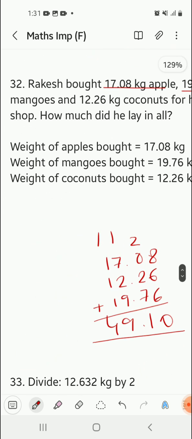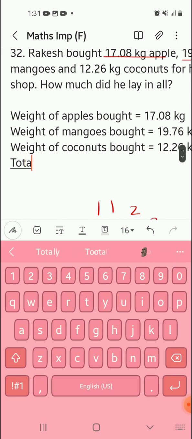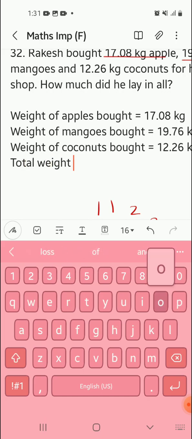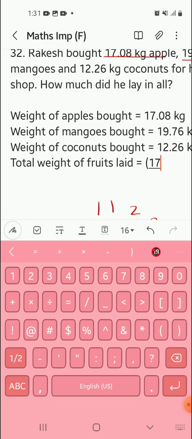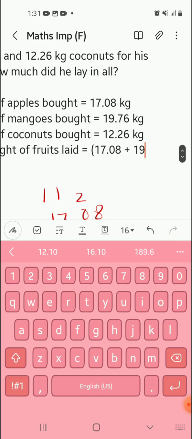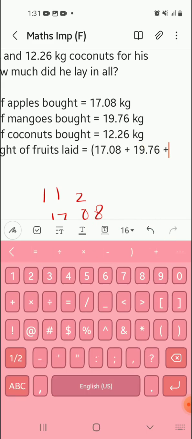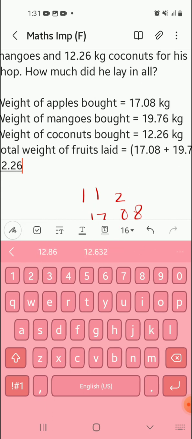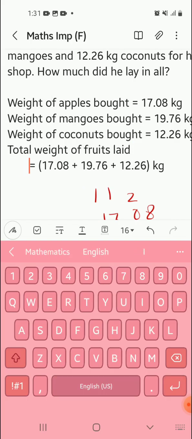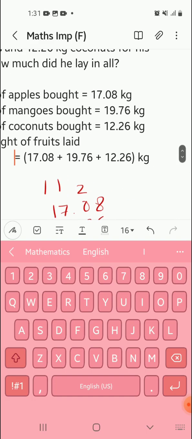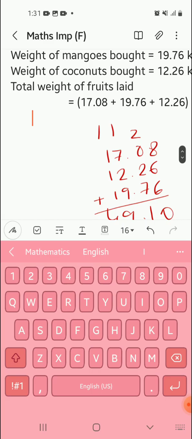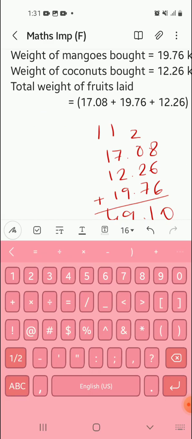49.10 kg. So we're going to write the concluding statement, that is total weight of fruits bought will be equal to, we will add all, that is 17.08 plus, we have to show the working, that's why 19.76 plus 12.26 kg, and if we add all of them we will get 49.10 as we have worked out, 49.10 kg.